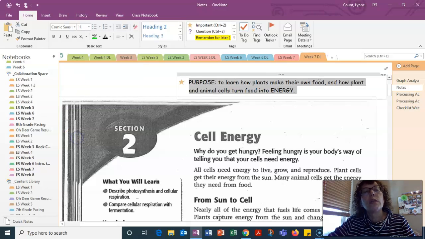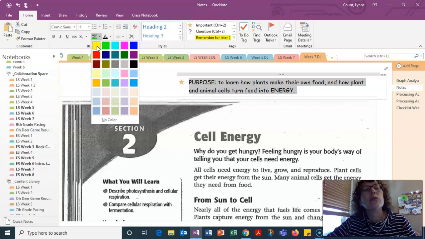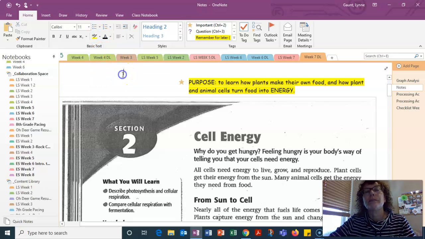But once you choose it, it will always be at the top. I just like that because it looks a little more like handwriting, and I can distinguish it easily from the text that I'm trying to mark up. And since this is our purpose and it's important, I am also going to highlight it. So I'm going to come over here to our highlighting tool and make it yellow.